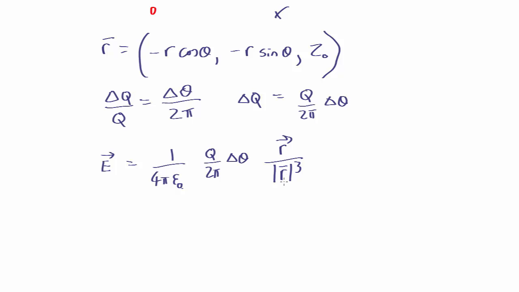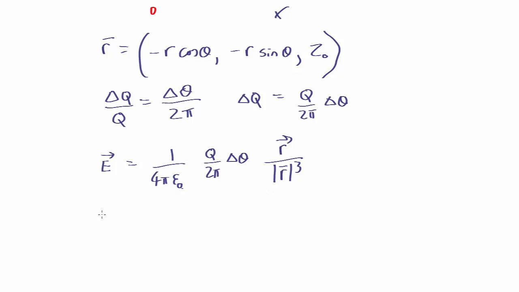Remember, the normal form of the equation has got 1 over mod R squared and then the unit vector here. But if we replace the unit vector with the actual vector, we need to have an R cubed to compensate, just like we did last time. So we know what R is. We know what everything is except mod R.